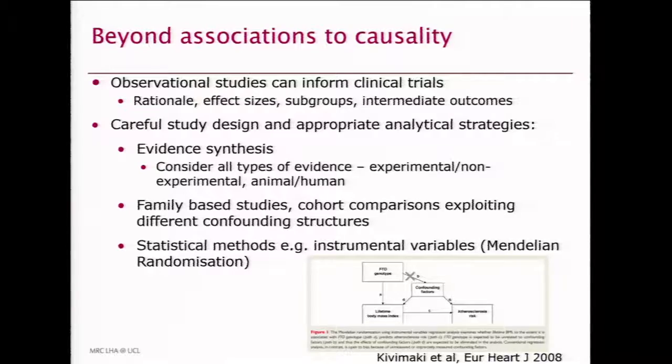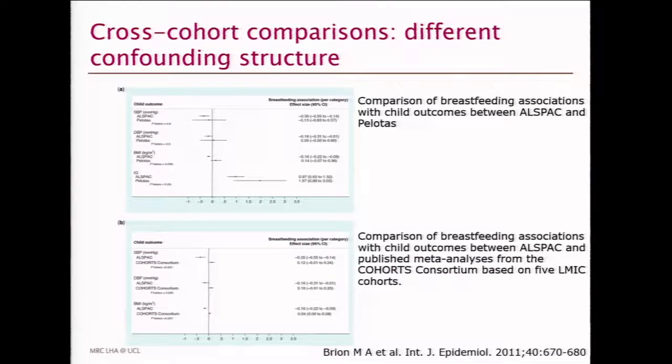I think we need to look at more ways to not just meta-analyze data, but to synthesize data from different evidence. And then also thinking about how we can use family-based studies and cohort comparisons to get at causality. So I've just finished by showing a couple of examples which I think are really nice to illustrate this idea.